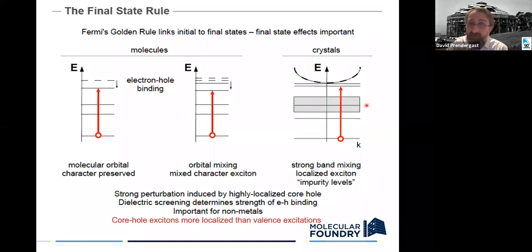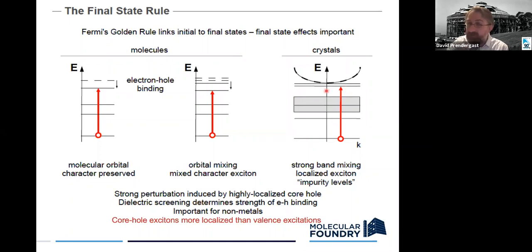And then if you have an extended system like a crystal, you can go from a ground state that has completely delocalized bands that have a very small effective mass to completely localized, infinite effective mass bands, flat bands that sit in the band gap of the material.